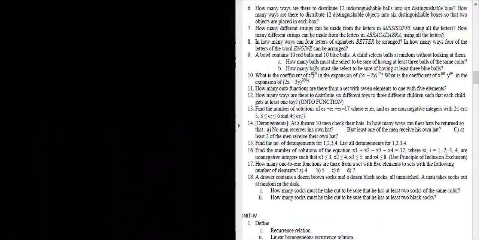So I'll do an example for the binomial coefficients, and then directly we will move on to your LAQs. So for the binomial coefficient, the problem is given in this way: 3x plus 2y whole power 17, and we need the coefficient of x power 8, y power 9.